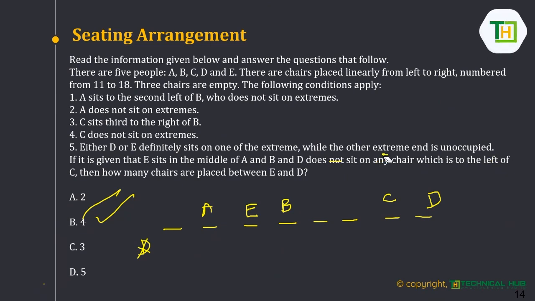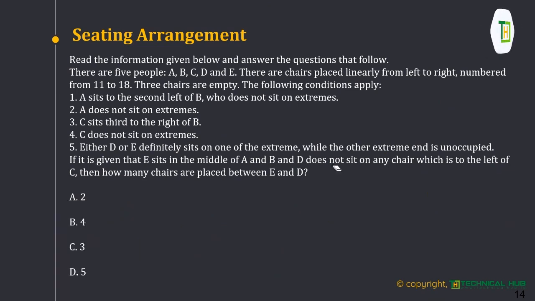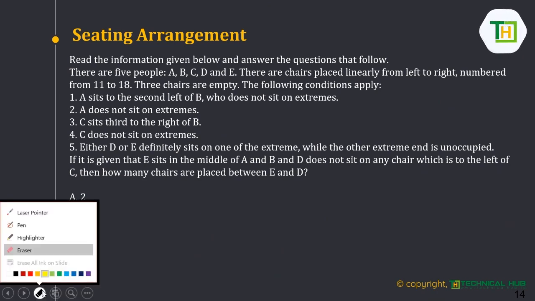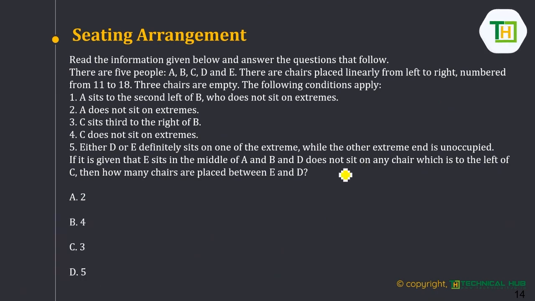You can take the complete statement, not split it. D does not sit on any chair which is to the left of C. So which is to the left of C means definitely taken as right of C.